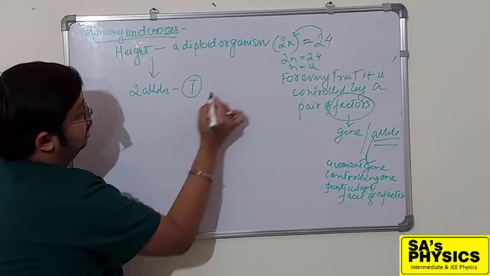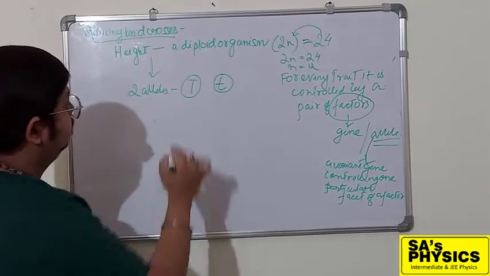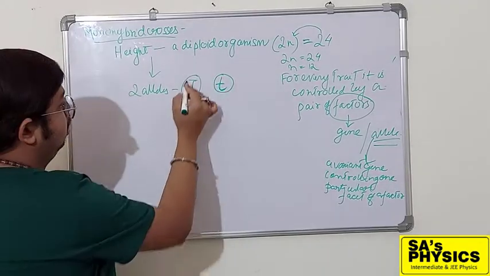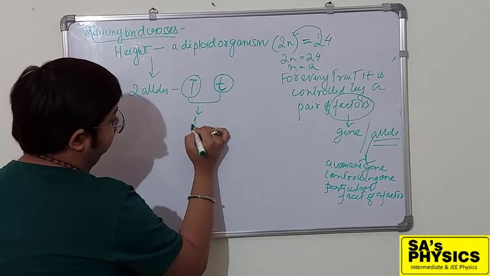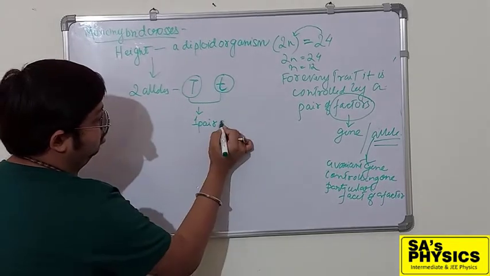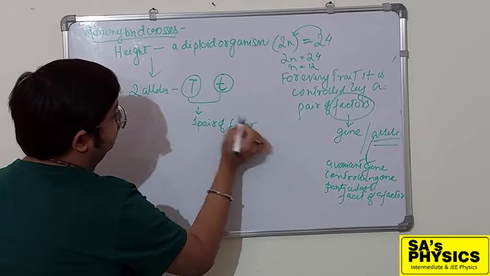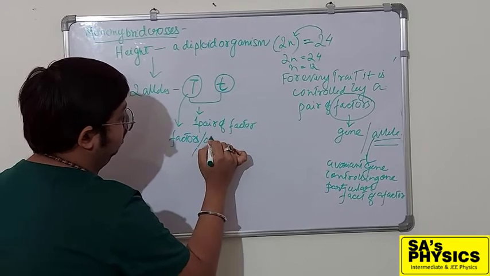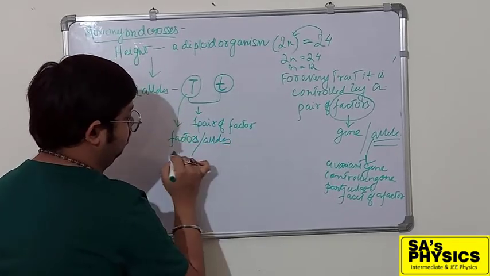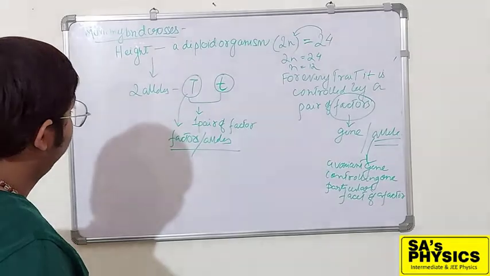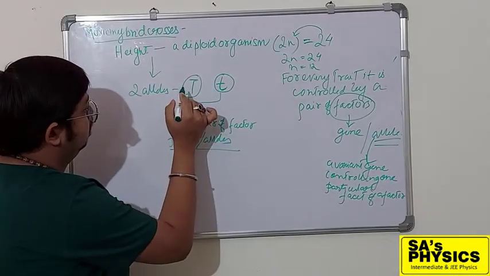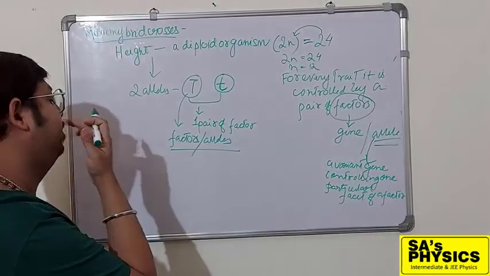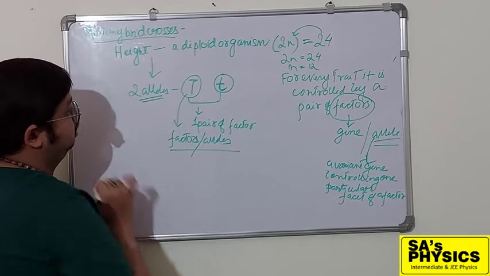One is capital T and one is small t. So this is allele 1, this is small t, allele 2. Right? So this forms a pair of factors. These are the individual factors which are now called alleles. Right? Now I'll explain how to do a monohybrid cross. So this is the concept of allele.